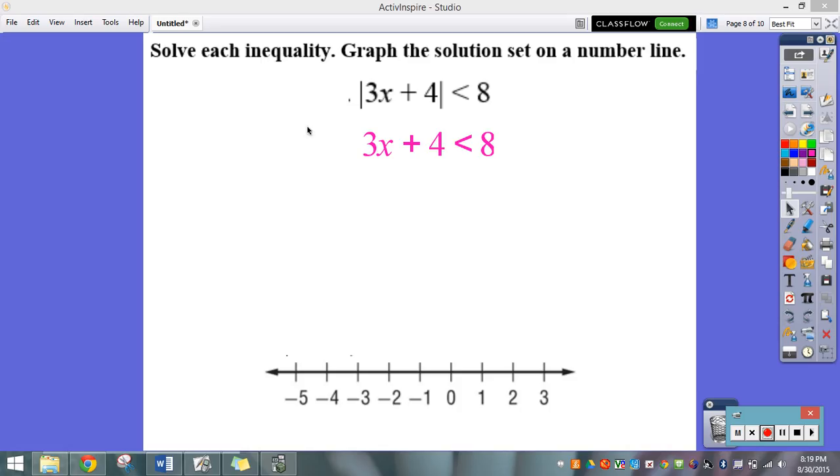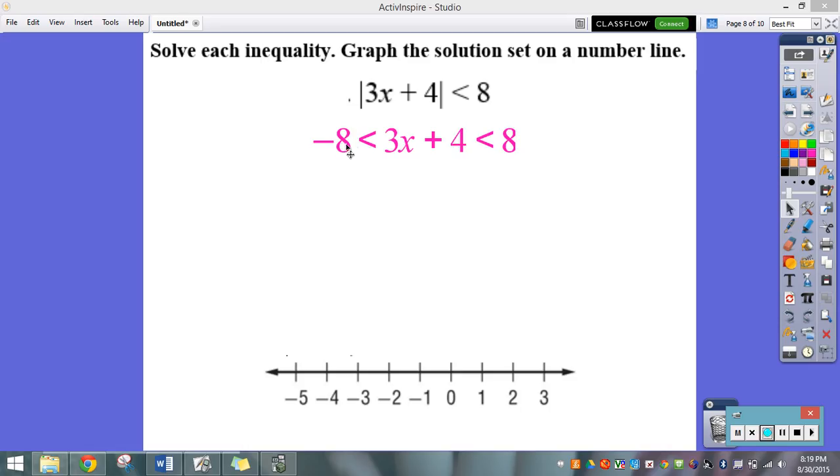So I'll have negative 8 is less than this expression, which is less than 8. I rewrite the absolute value inequality to reflect the fact that there are two solutions.